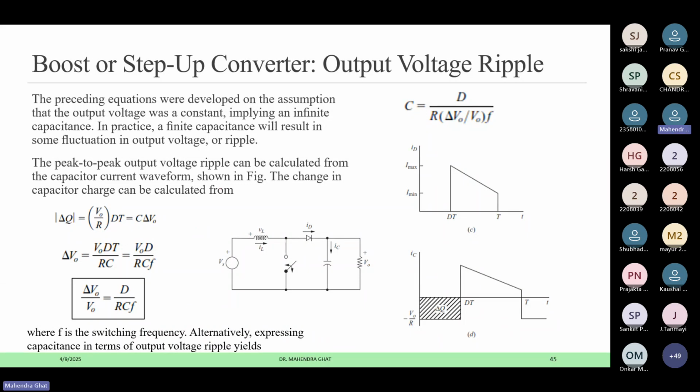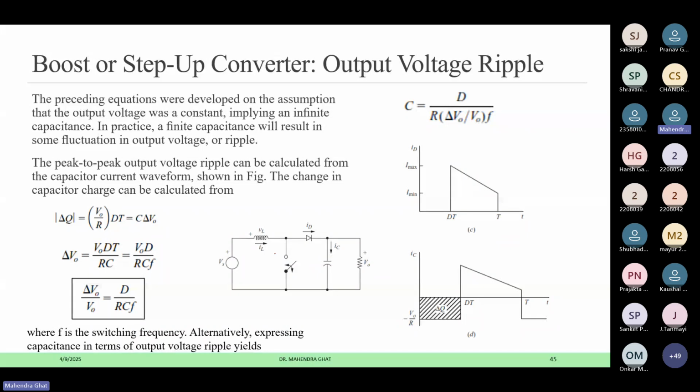So we just derived the output voltage and how the inductor currents are going, the I max and the average IL current, those things we have derived. Now there is one more component called the capacitor. Why do we require the capacitor here?